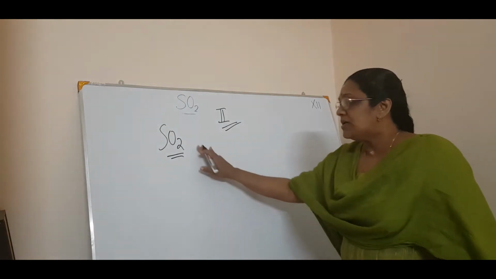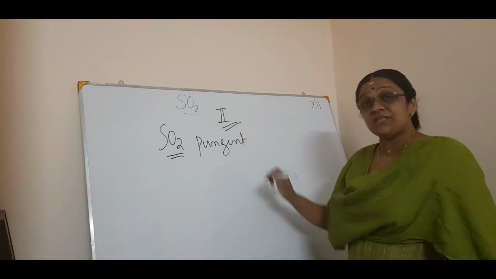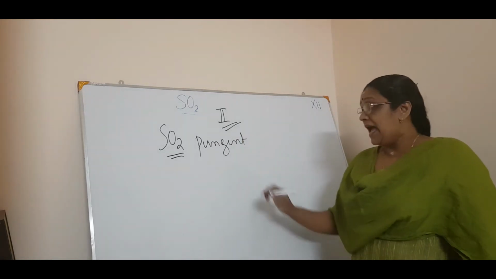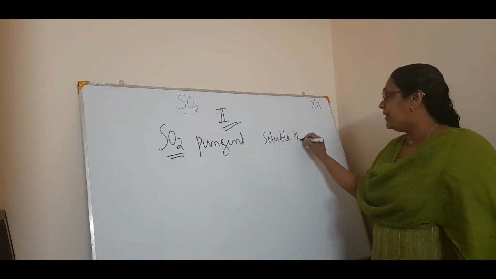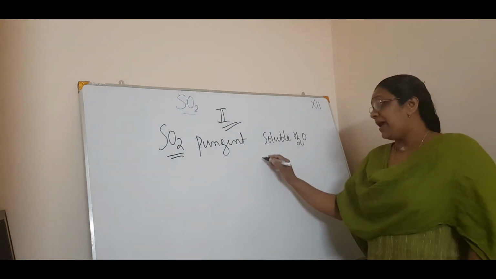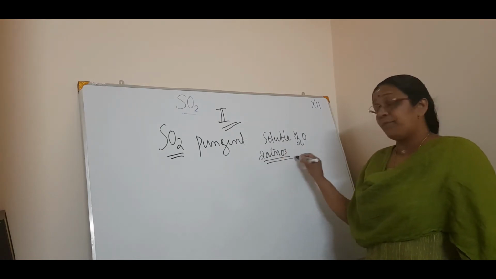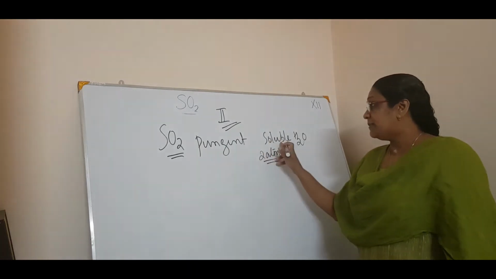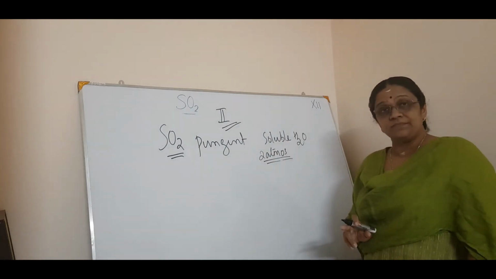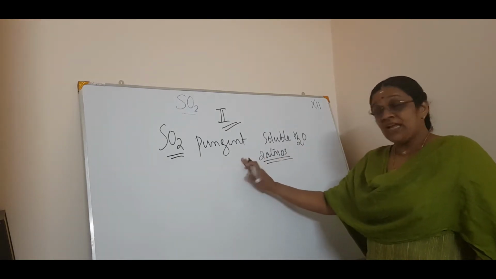So, sulfur dioxide is a colorless gas which has a pungent smell. It is very well soluble in water. When you apply a pressure of 2 atmospheres at room temperature, it liquefies.